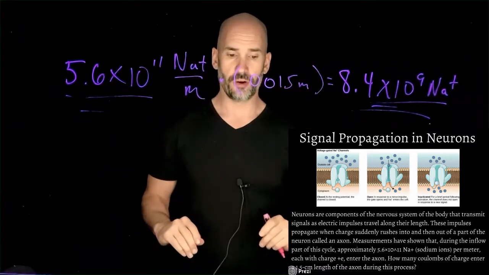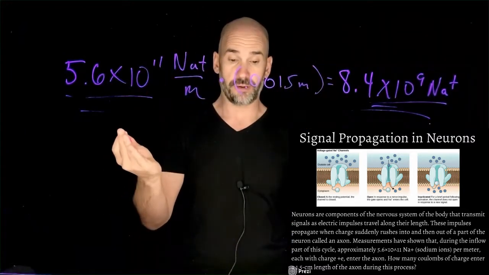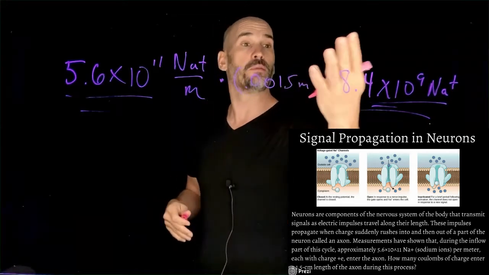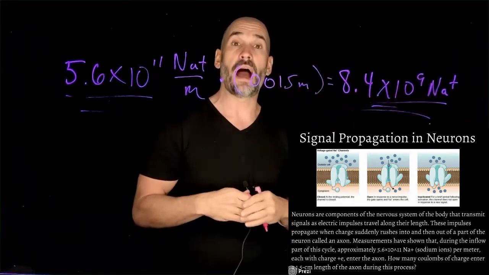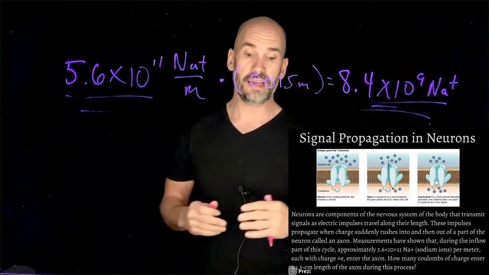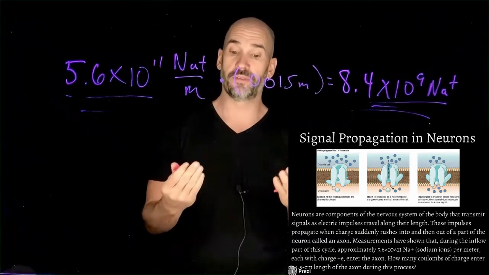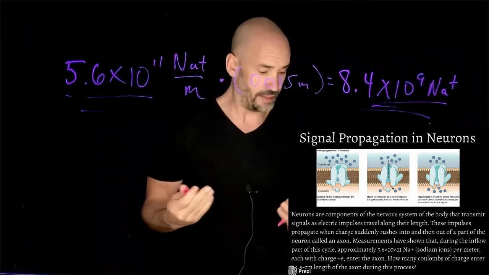Okay, so if you agree with me there, now that we know the number of sodium ions and we know how much charge there is per ion, I can tell you how many coulombs of charge enter that axon, right?